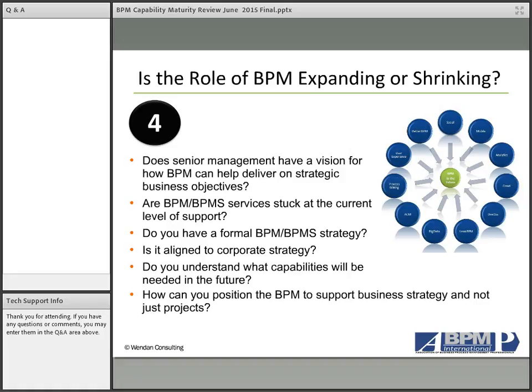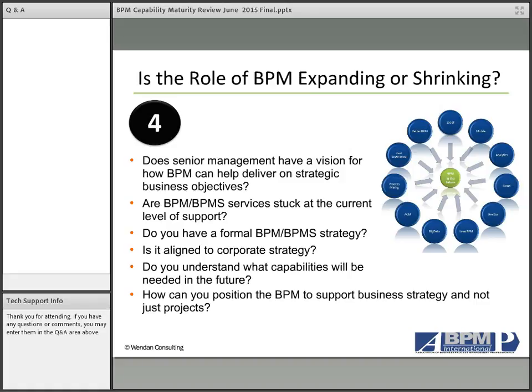Where is it at? And based on that target, essentially the strategic definition of where this is going at some point in the future, you now have to ask yourself the question, is the role of BPM expanding or shrinking?